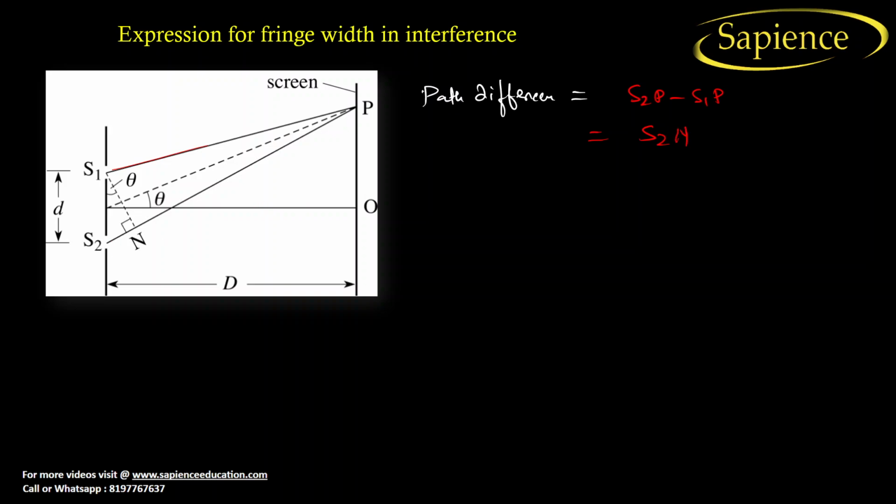So this is the path of this source and this is the path of this source, and the difference is S2N, and this is an angle theta.